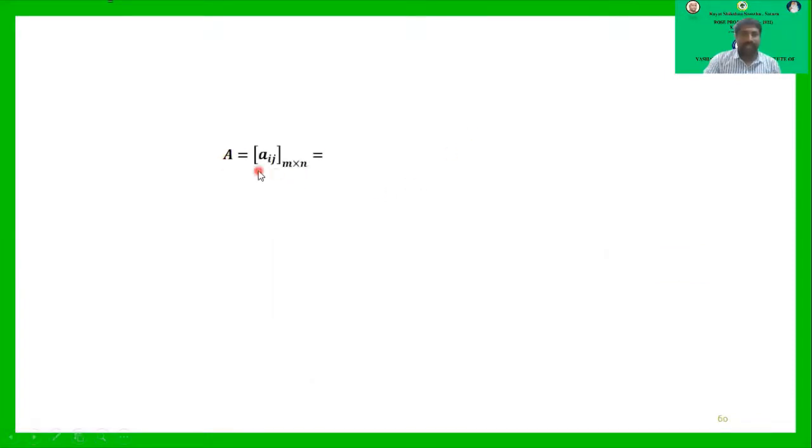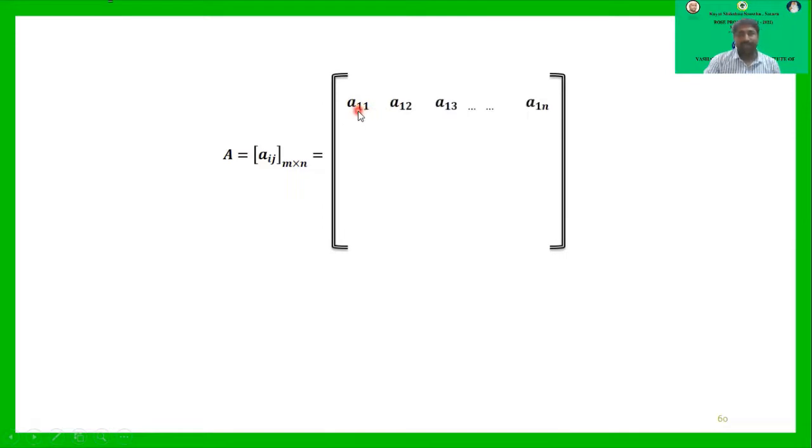Capital A is equal to a_ij, m cross n. So this is a general matrix of order m by n, with elements and their positions. a11 means the element in the first row and first column. a12 is the element in the first row and second column. a1n is the element in the first row and nth column.